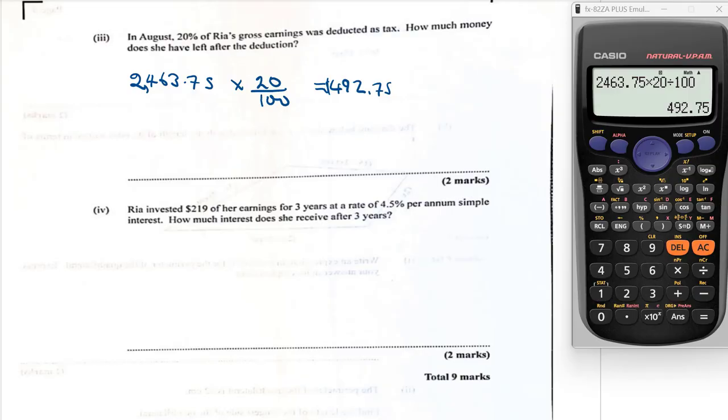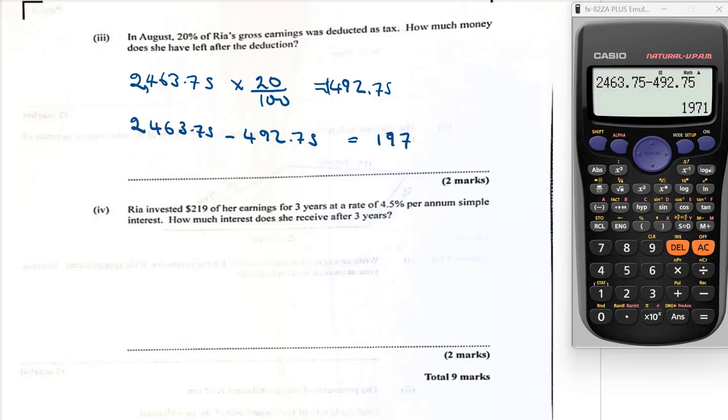So what she has left after the tax is going to be $2,463.75 minus $492.75, and that's going to equal to, let's put this in our calculators, 2,463.75 minus 492.75.